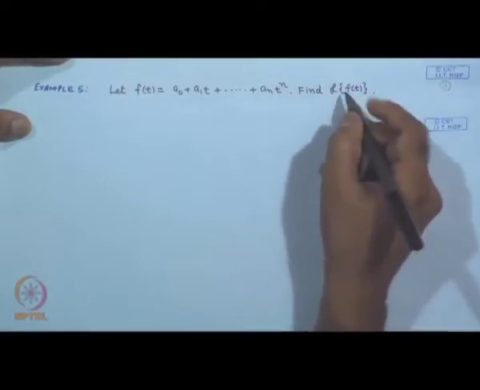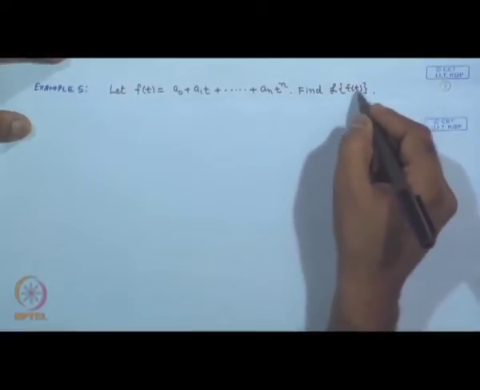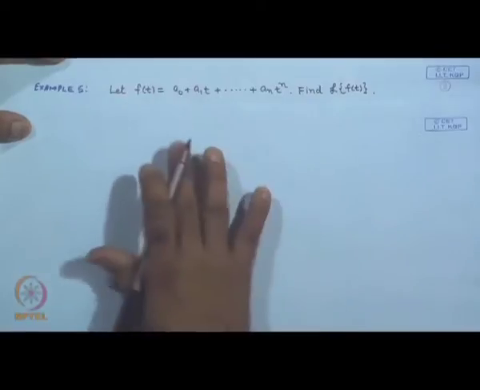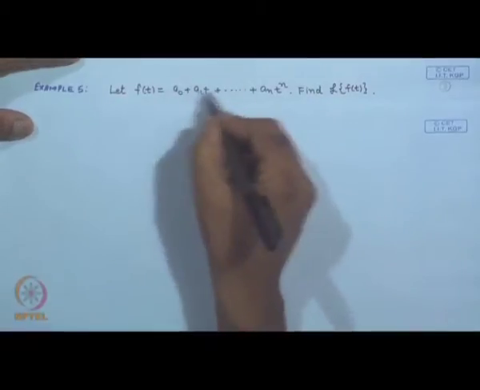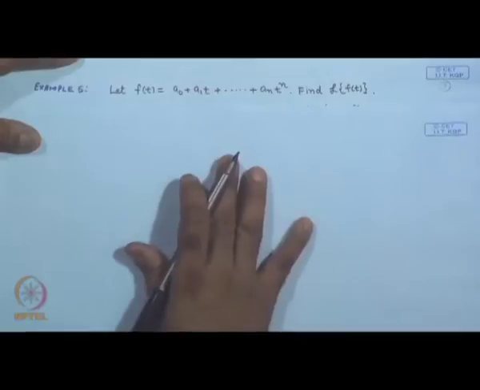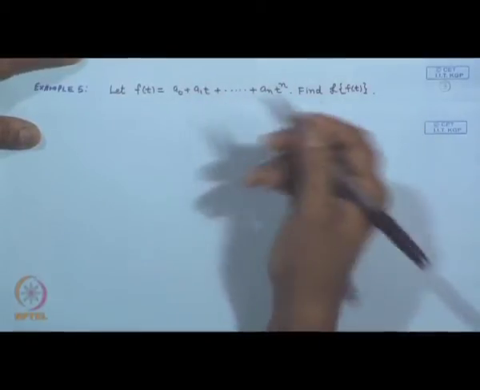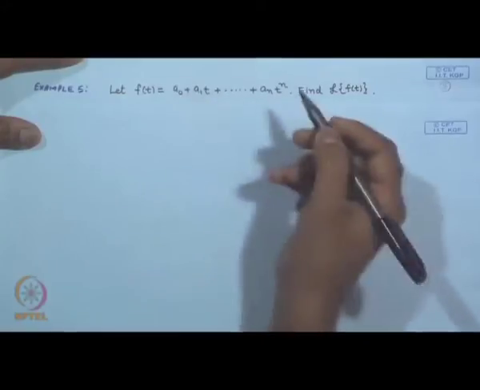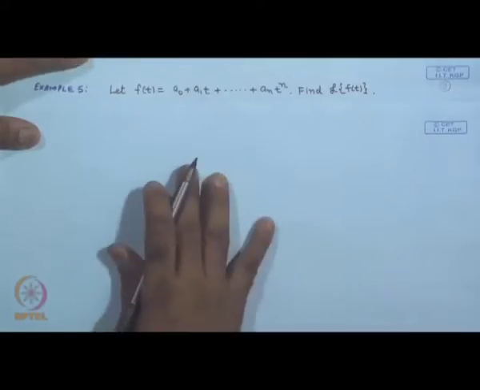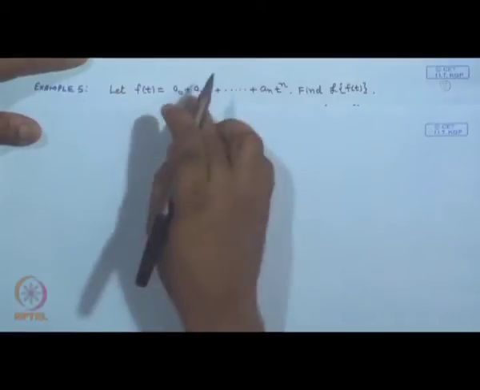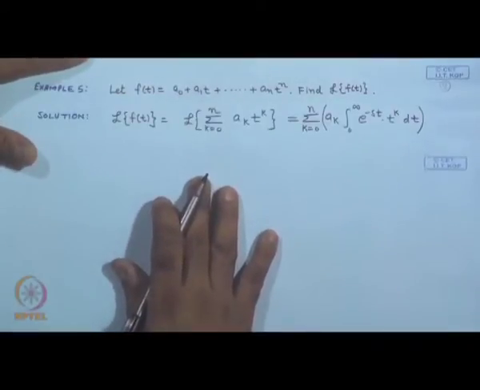Now, we want to find the Laplace of this function. So, what we do, as I have mentioned already, is that these transforms enjoy the linearity property. So, here we can apply this Laplace transform to each term.